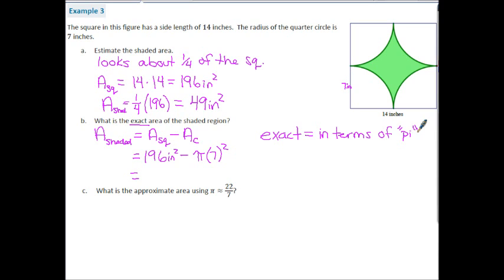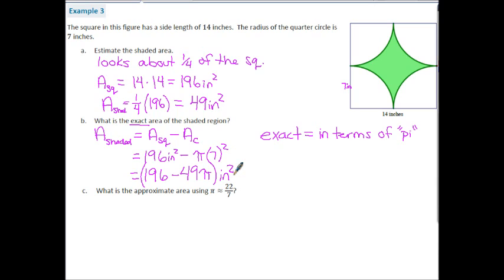So that's not going to be an exact answer. That's going to be a rounded answer. So when it says exact, you have to leave it in terms of pi. So my final answer here is actually going to be 196, I'm going to group these two together, minus 49 pi, and this whole thing is in inches squared. So that is my final exact answer of the shaded region.